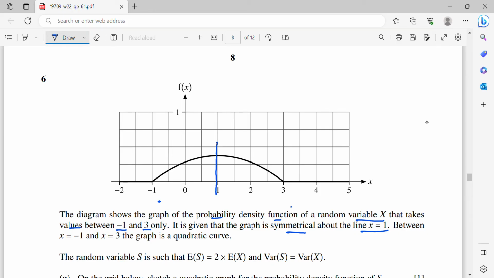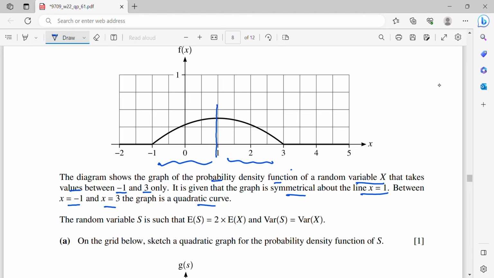How do we know it's symmetrical? Because it is in the middle. Between x equals -1 and x equals 3, the graph is a quadratic curve. So now, the random variable S is such that E(S) is 2 times E(X), and Var(S) is the same as Var(X).